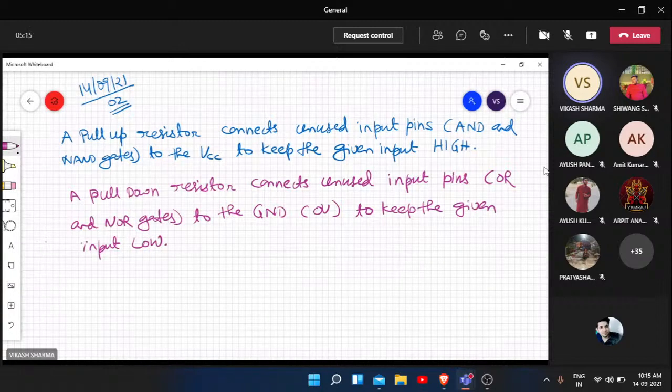So these two definitions will be used today, and in some cases pull-up registers or pull-up network will be used. Okay, so I'm starting with the topic for today.